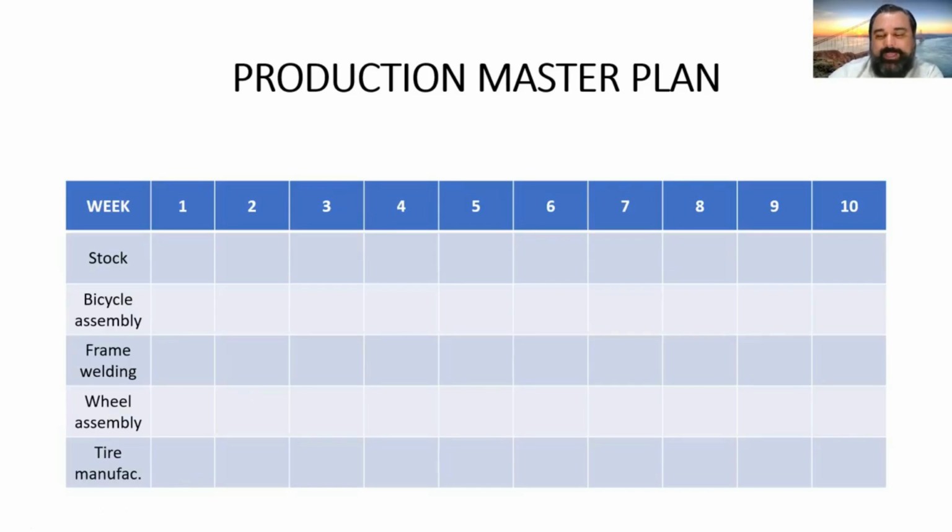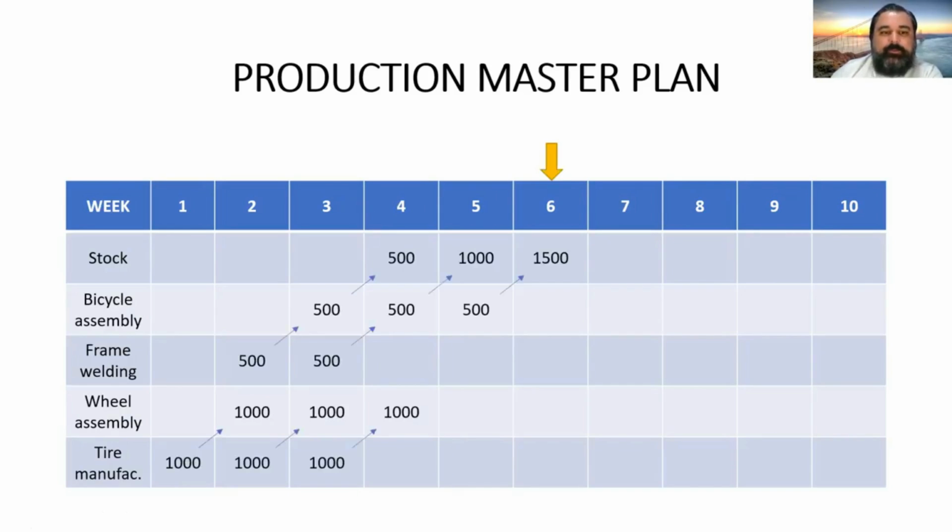How will this master plan end up? Something like this. Our whole production capacity will be limited by the tire manufacturer capacity. His capacity is a bottleneck for our company.